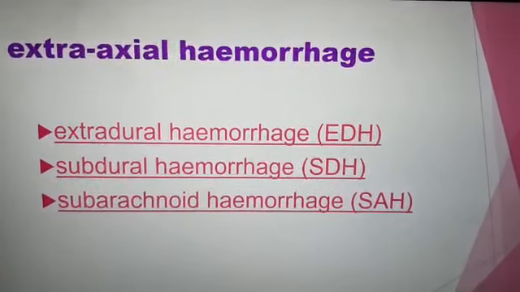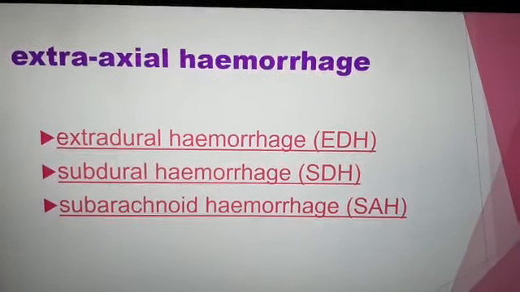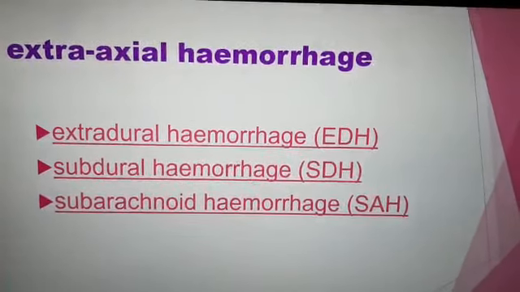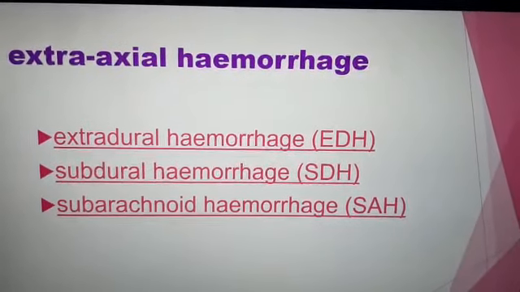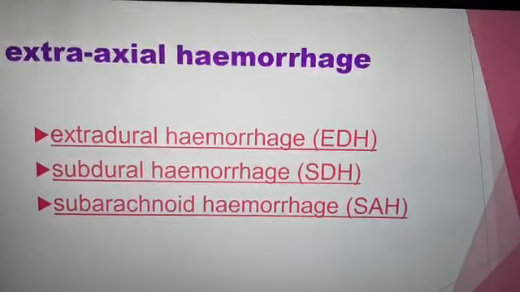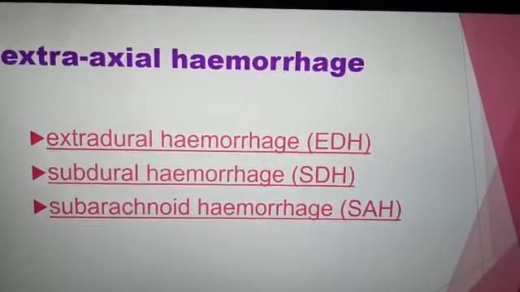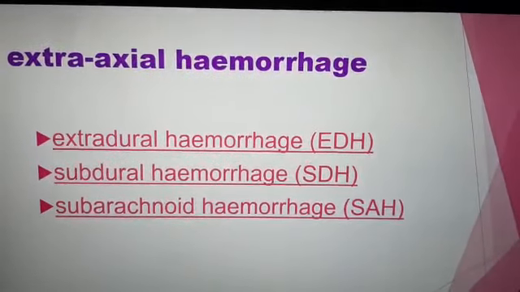Third, subarachnoid hemorrhage occurs under the arachnoid, in the arachnoid space. So we have three types: extradural, outside the dura; subdural, in the dural space; subarachnoid, in the arachnoid space.